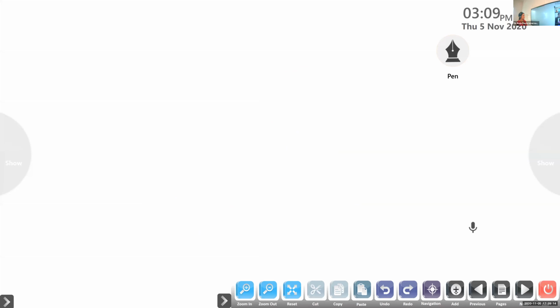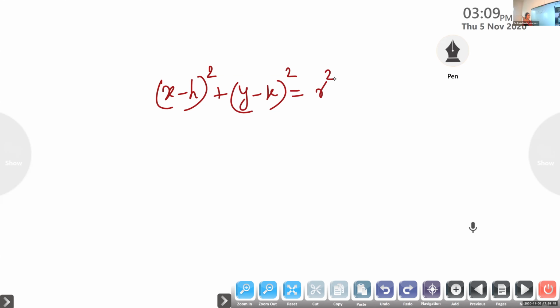circle. What is the standard form of the equation of a circle? x minus h the whole square plus y minus k the whole square is equal to r square, where the center is h comma k and the radius is r.